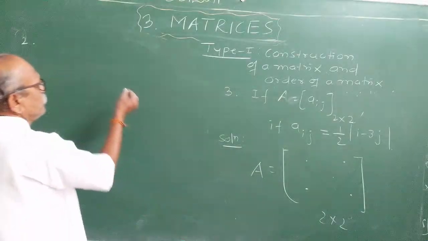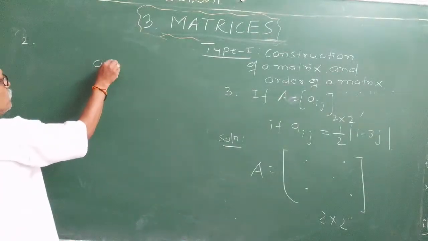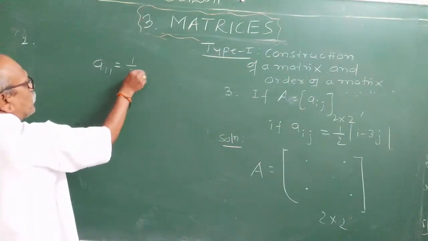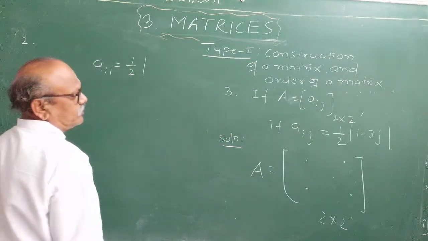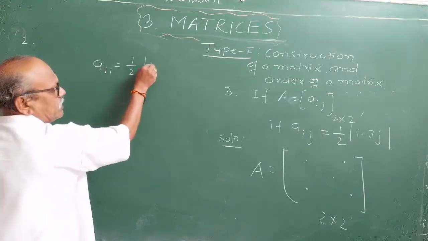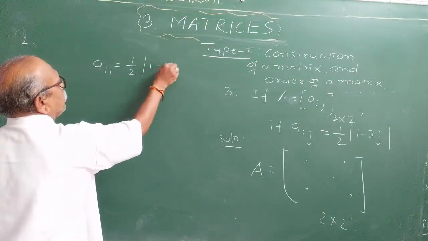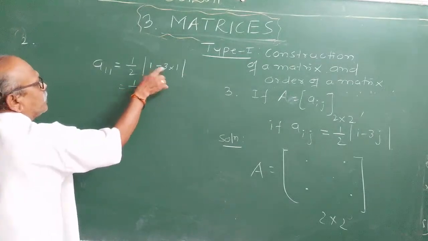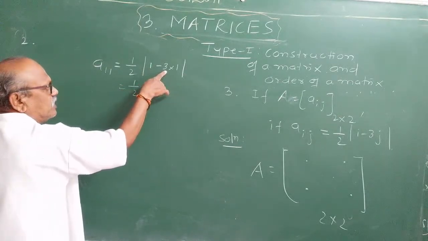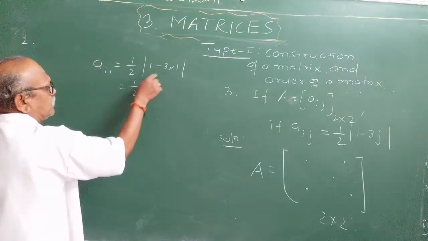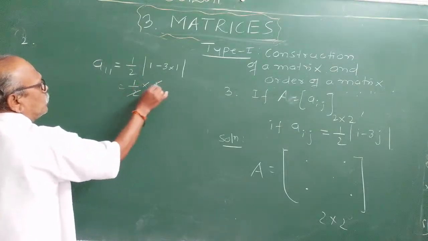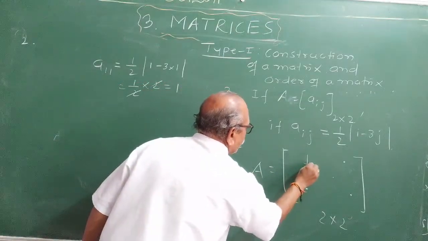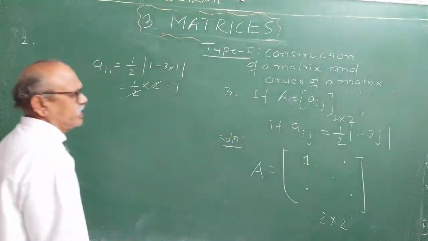A11. What is the condition given to you? 1 by 2 modulus of i is 1 minus 3 into j is 1. What do you get here? 1 by 2, 1 minus 3. Modulus means you have to take the positive sign. 1 minus 3 is 2. Therefore, you have to take 2. 2 cancels. Your answer is 1. Therefore, the element in the first row and first column is 1.